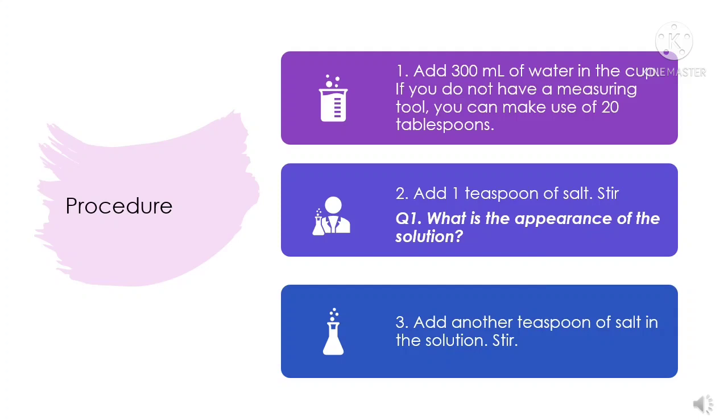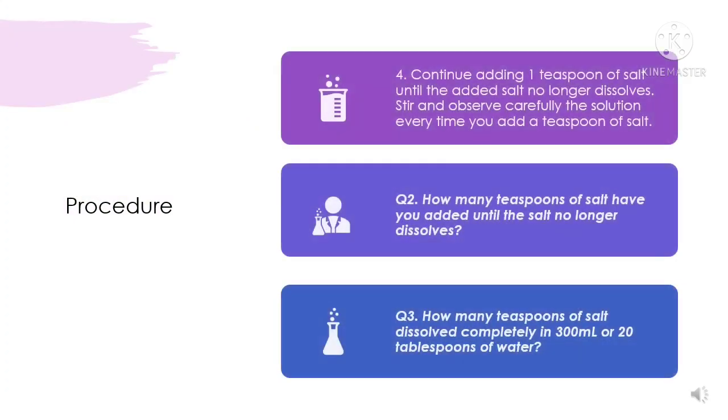Next, number 3. Add another teaspoon of salt in the solution and stir. Next, number 4. Continue adding 1 teaspoon of salt until the added salt no longer dissolves.